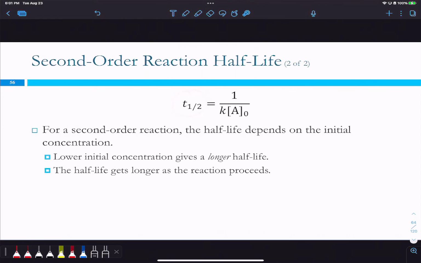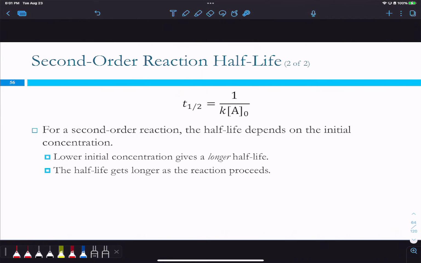T1/2, the half-life, equals 1 over K times the initial concentration. So a lower initial concentration gives a longer half-life. So as this reaction proceeds, it takes longer and longer and longer to cut your concentration in half.